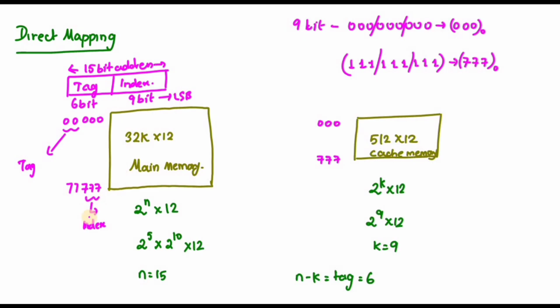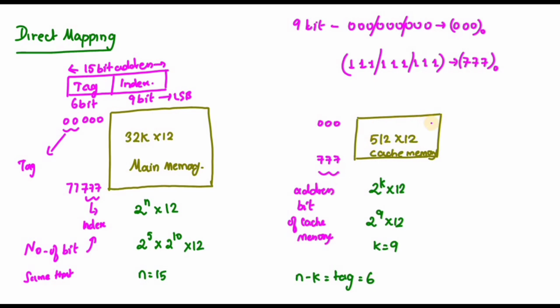The number of bits in the index field is the same as the address bits of the cache memory.